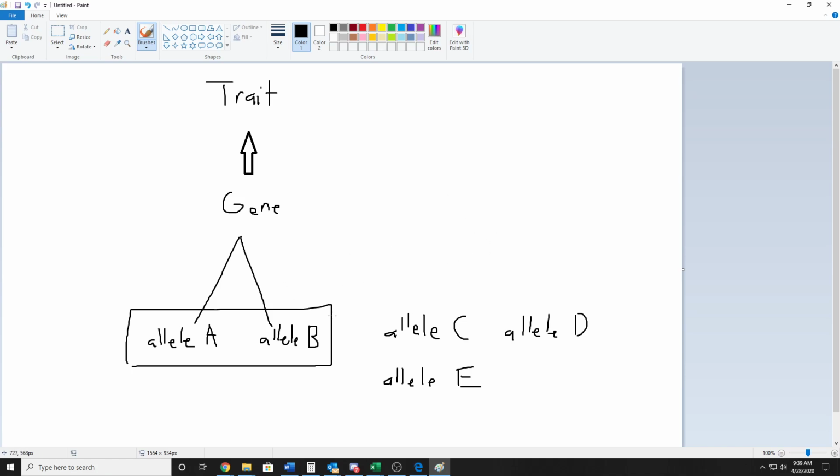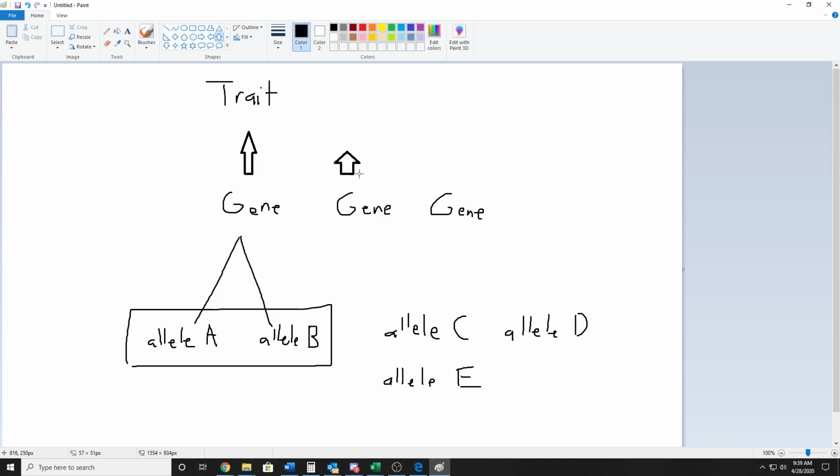And the difference between multiple alleles and multiple genes is, when we're talking about polygenic traits, we have multiple genes, each with their own alleles, that also control a trait.